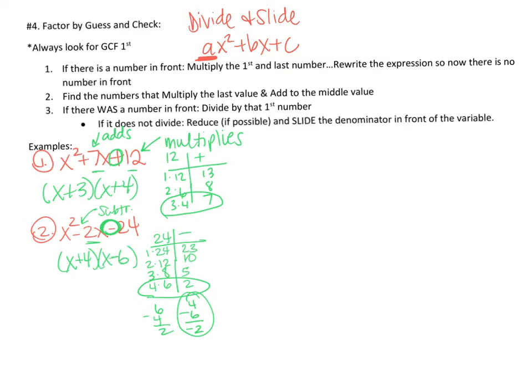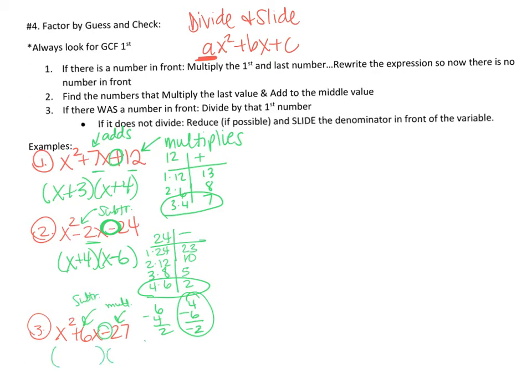So I can use this kind of table to help me. Now, some of you just might know when you look at the problem, say we have x squared plus 6x minus 27. Some of you in your head might be able to say, the numbers that multiply to 27, and because it's negative, they're going to subtract to 6.